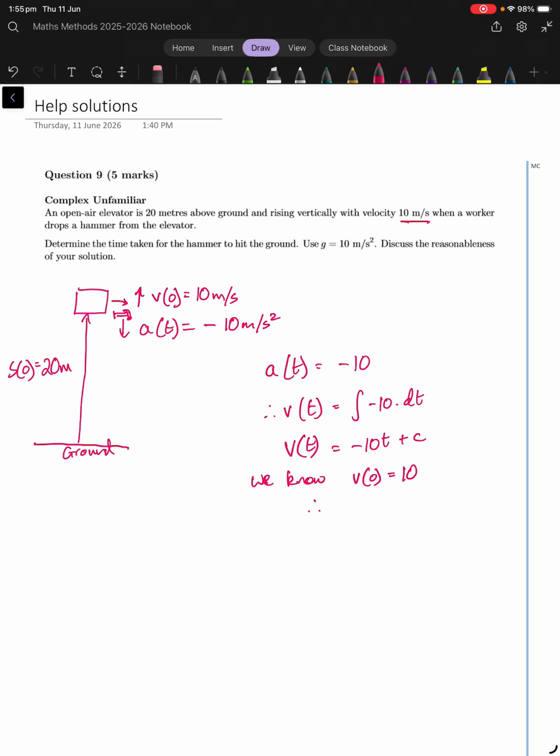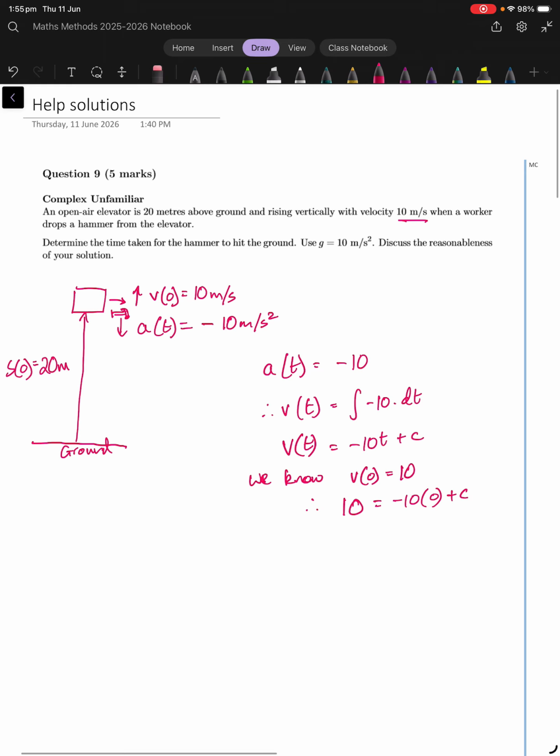So therefore, if I replace t with 0, that's negative 10 times 0 plus c. v of 0 equals 10. So I put 10 where v of t is for the actual value of t, and I get that the c value must have been 10. So my velocity at time t is equal to negative 10t plus 10.